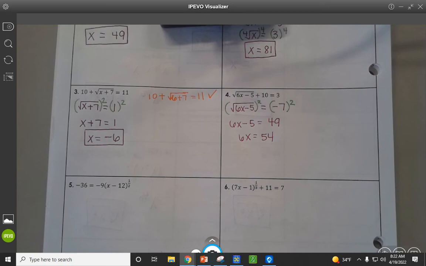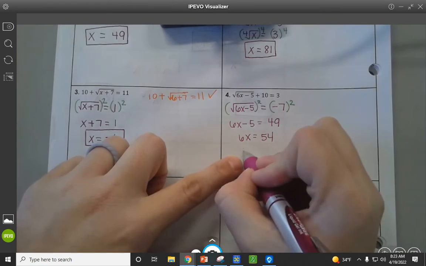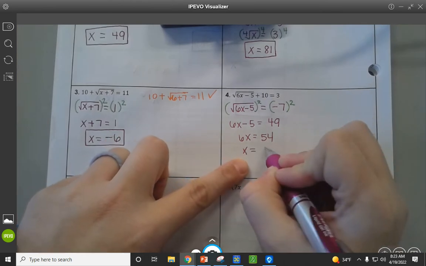So we have to go check it. The square root of 6 times 9 minus 5 plus 10. Let's see what that equals.